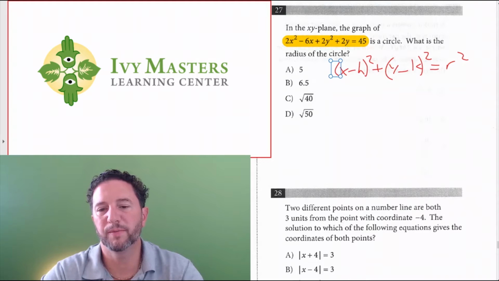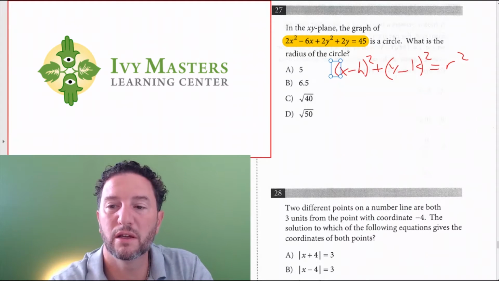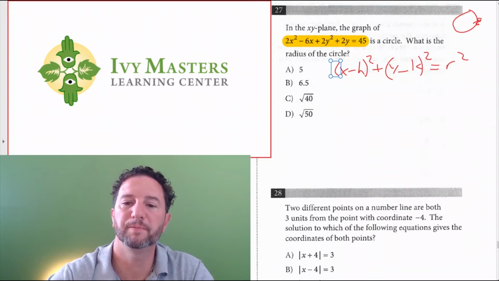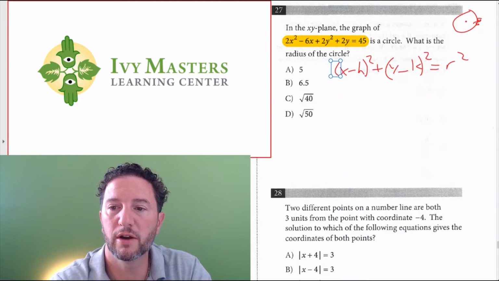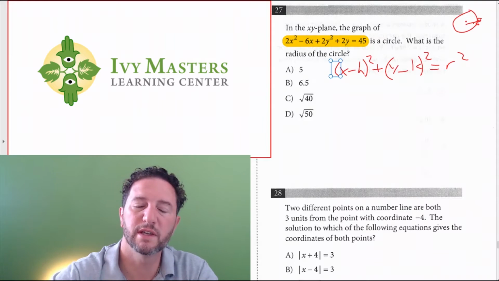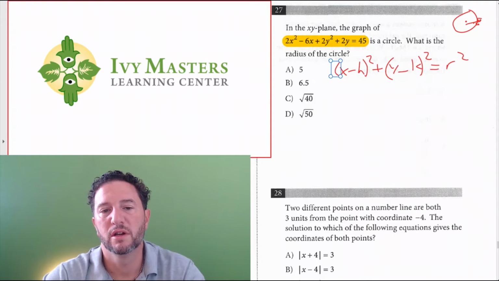Here, x and y are points on the circle, like a dot right on the circle. h comma k is the center, right there, and then r is the radius, from the center to the side of the circle.